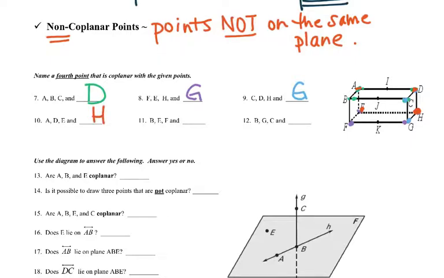B, E, F, we're kind of just doing all of them here. B, E, F, and A would make a plane. And then we have one left. I guess it's here in the front. B, G, C, and F. I like that question a lot because it just helps us orient it to a plane.